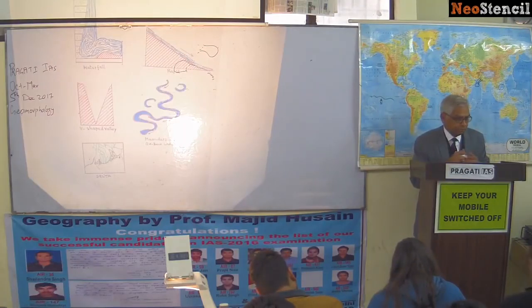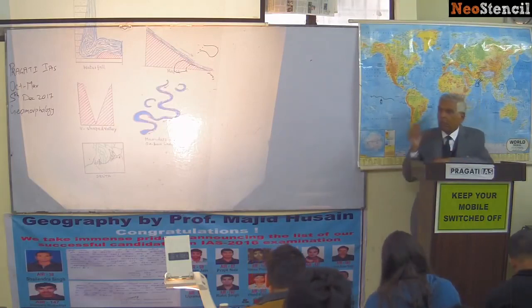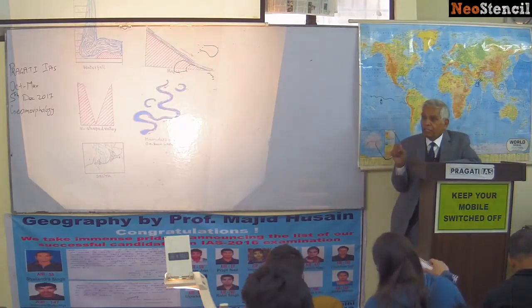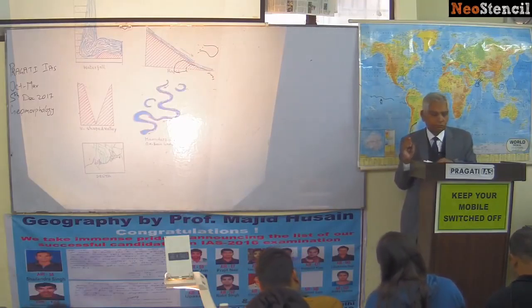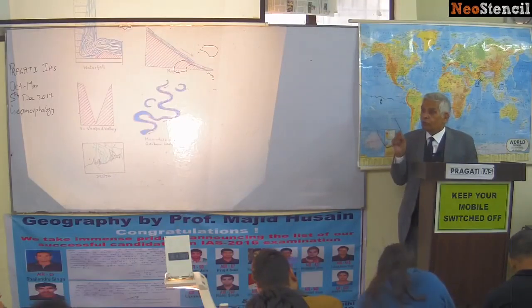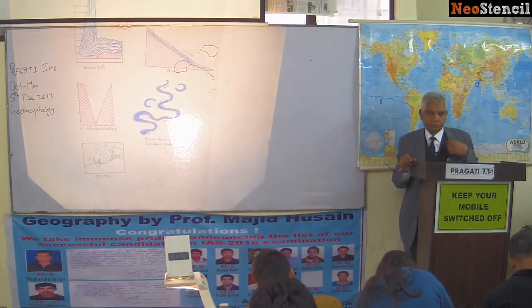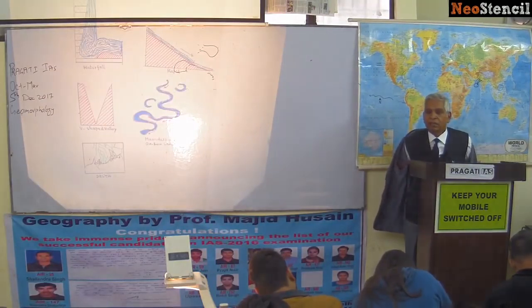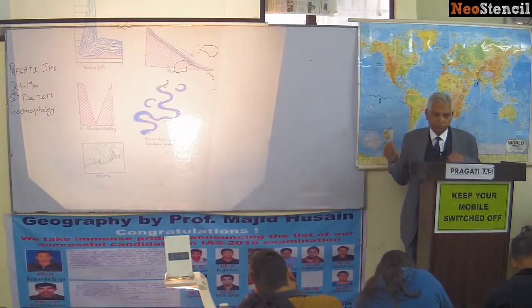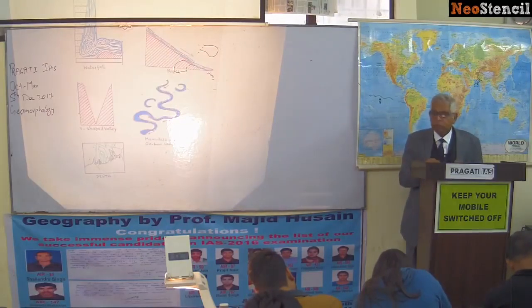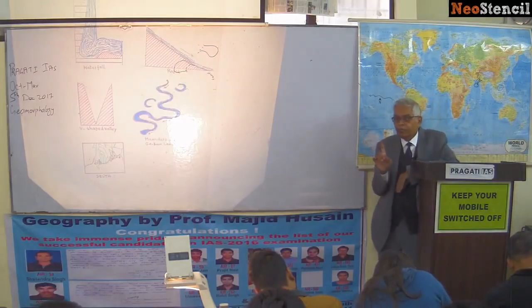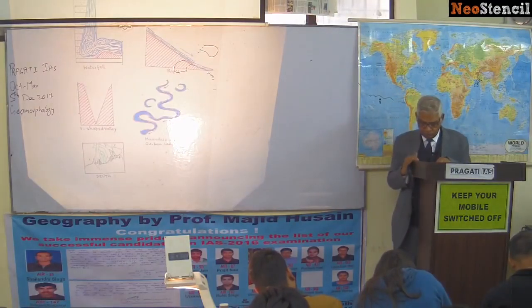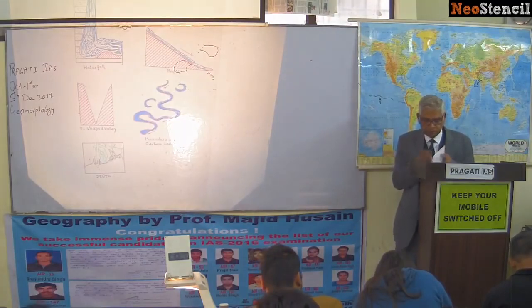In the old stage, the landforms are reduced close to the base level. There develops a peneplain. The number of tributaries is reduced.